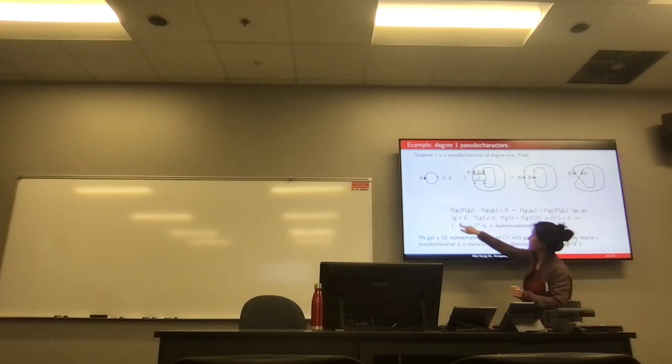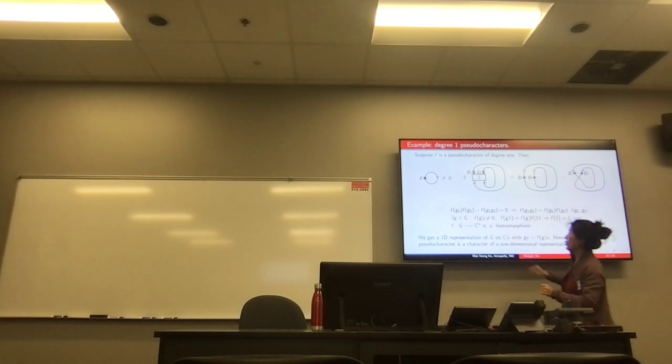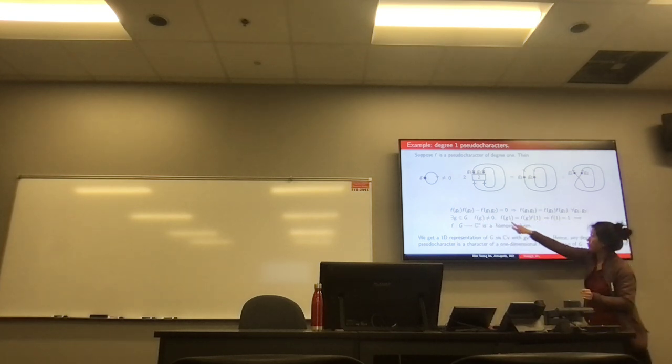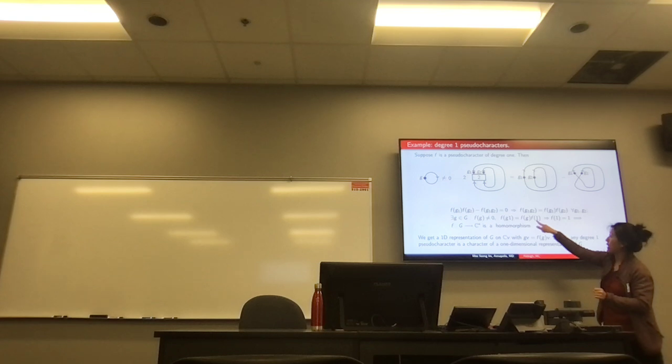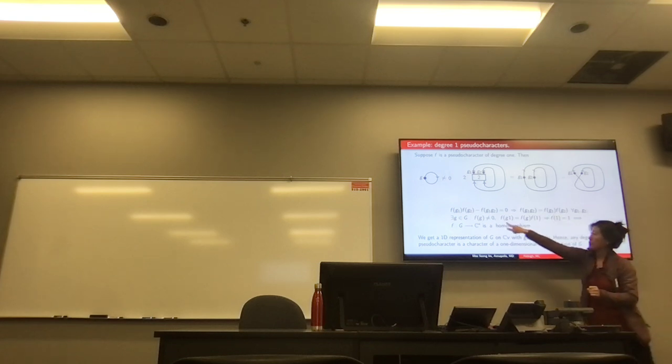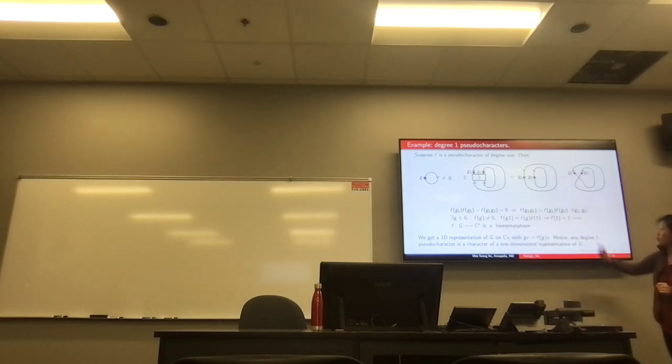And then because there exists some g where f of g is not equal to 0, we have f of g times f of 1 equals f of g by this condition up here. So this tells us f of 1 goes to 1. So f is a homomorphism, a map from G to C star.